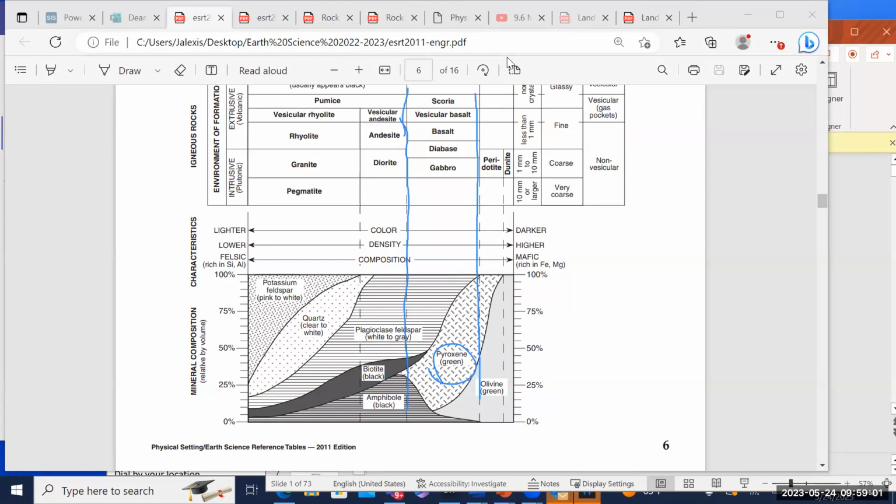All right, so if 50% is pyroxene and they said 40% is plagioclase feldspar, that means my answer has to be one of these rocks.